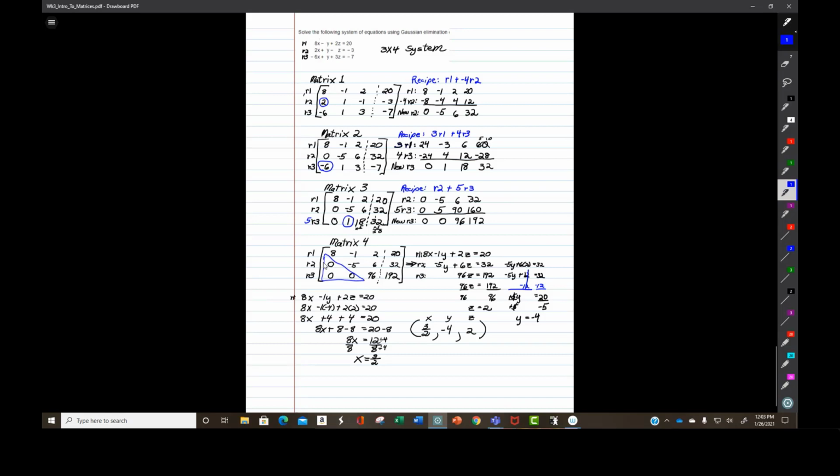That's how you know you're done, if you're using Gaussian elimination. Then it's just a matter of writing out matrix 4 as a system, and then back solving. First you find z, because it's the easiest. Once you know z, you find y. Once you know z and y, you find x, and then you write them down in x, y, z form.